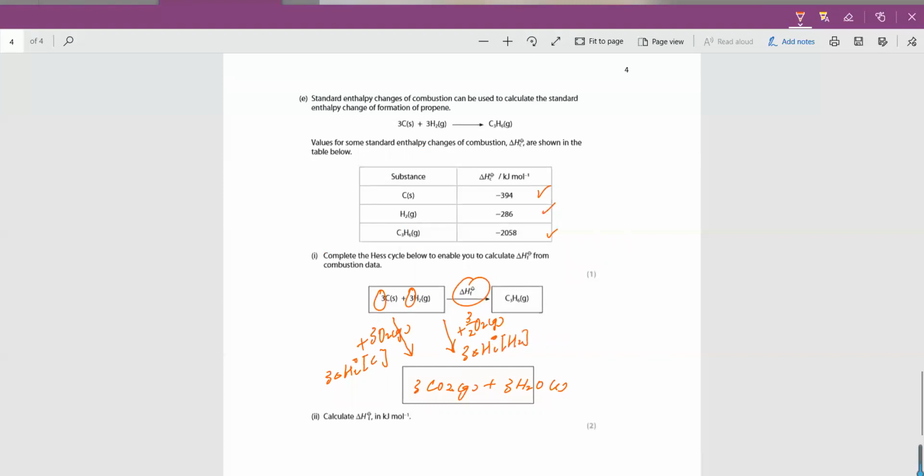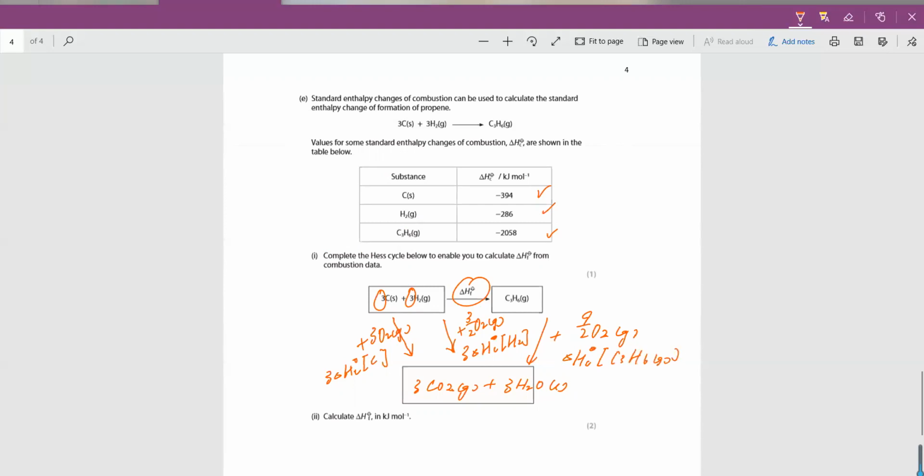And this one will be the combustion of propene. So you need 3 oxygen, not 3, more than 3.